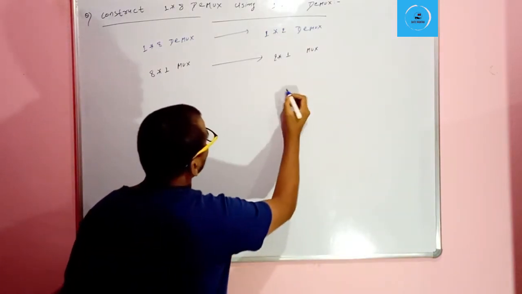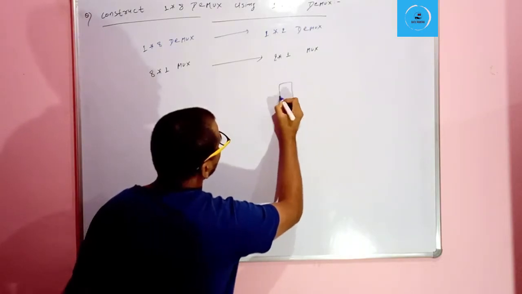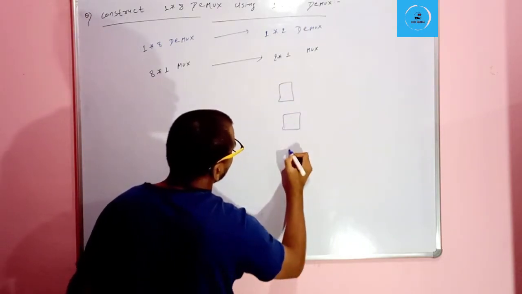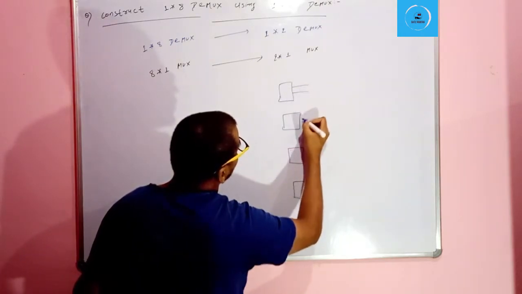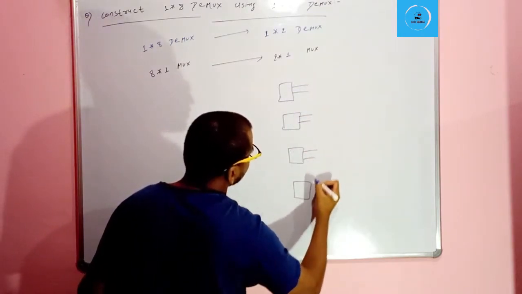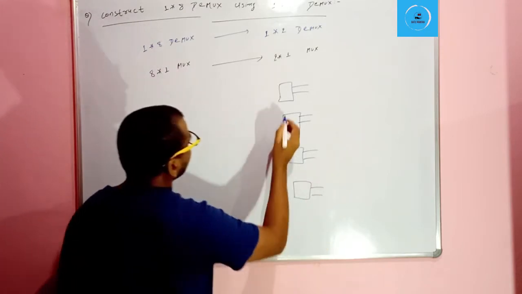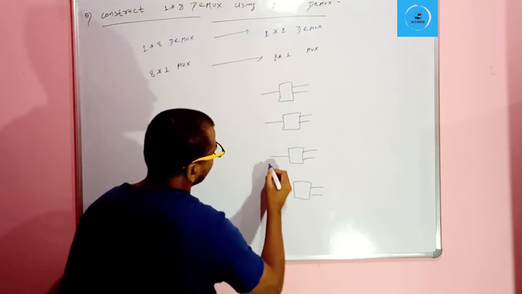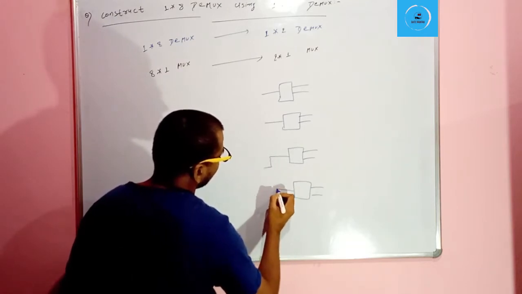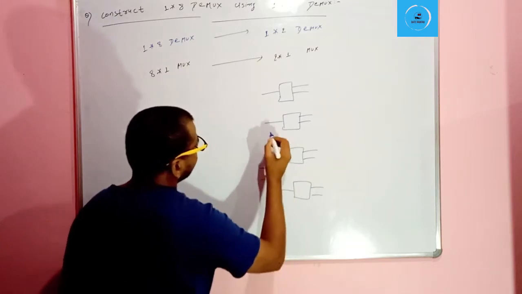For this we need 8 outputs. So we will write 4 demux here, with 2 outputs from each demux, and there will be one input for each of these.